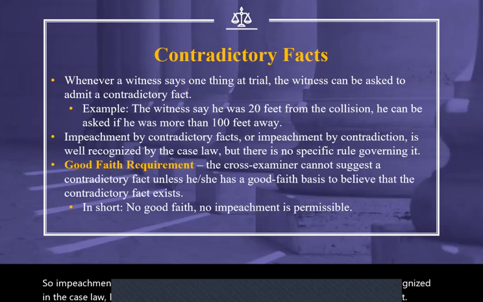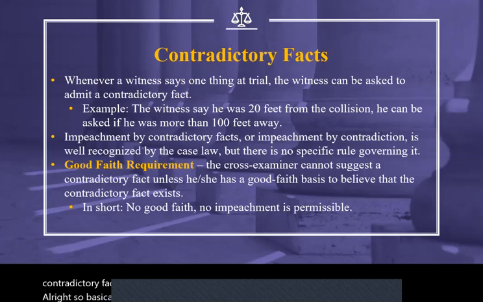Instead, there is a good faith requirement, right? The cross-examiner cannot suggest a contradictory fact unless he or she has a good faith basis to believe the contradictory fact exists. So basically, in short, no good faith, no impeachment is permissible.